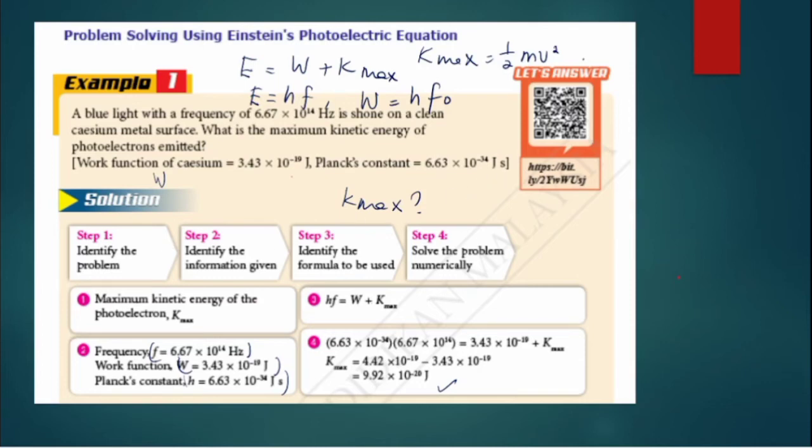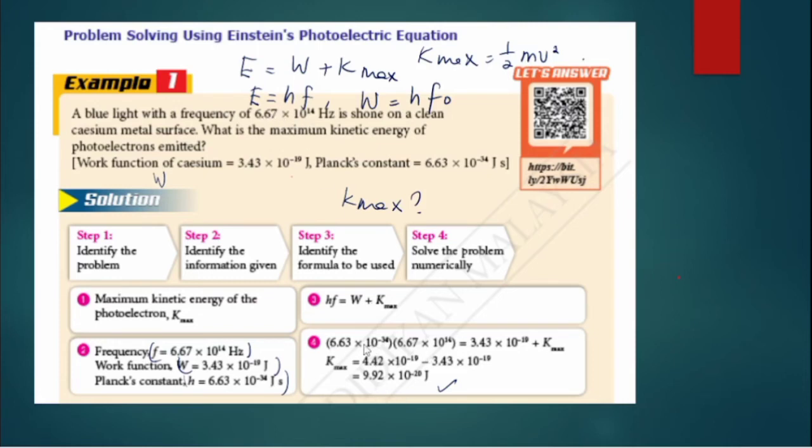In this case, we want to find K max. Thus, applying the Einstein photoelectric equation, energy of photon equals work function plus maximum kinetic energy. The work function is given already, no need to calculate. So you calculate the energy of the photon, hf, where f is the frequency of light.